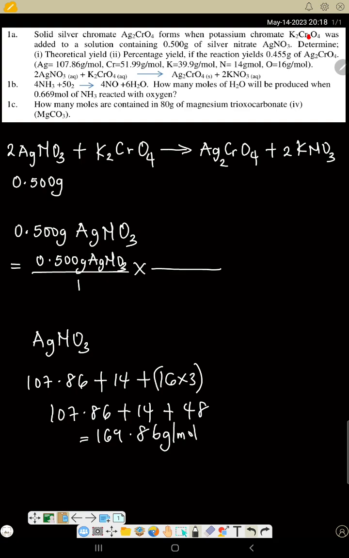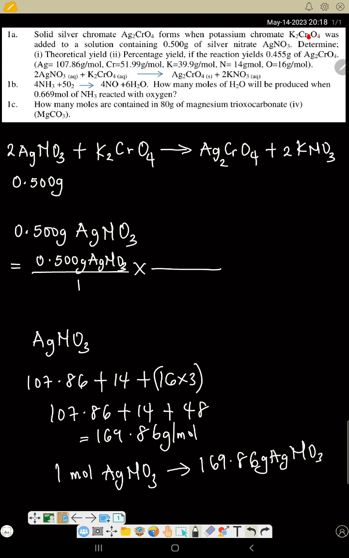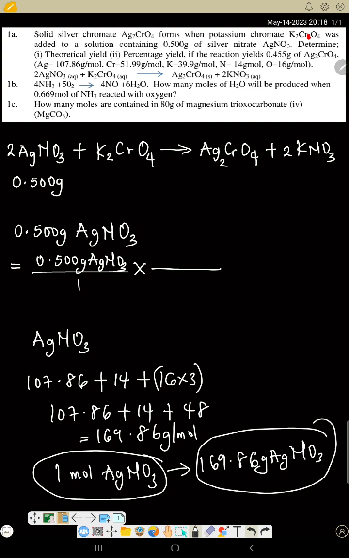So this means 1 mole of silver nitrate will give 169.86 gram of silver nitrate. That is what it means. It means if I weigh 1 mole of silver nitrate on a scale, I will get 169.86 gram of silver nitrate.